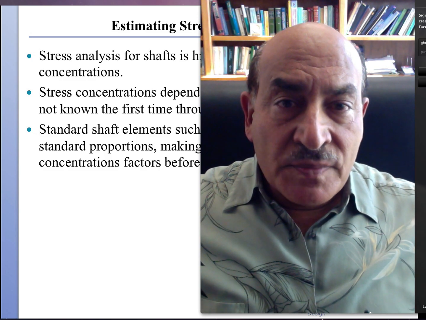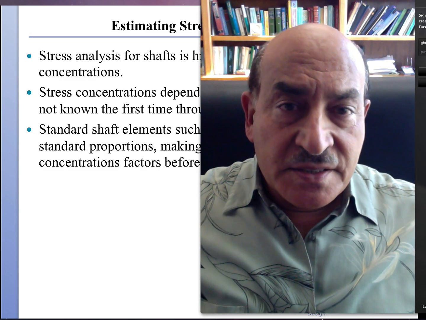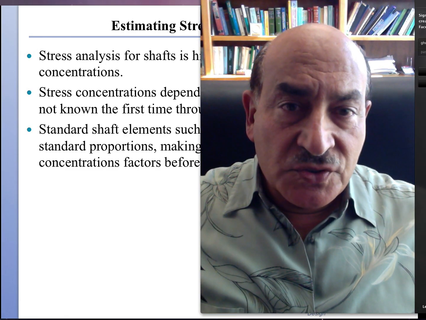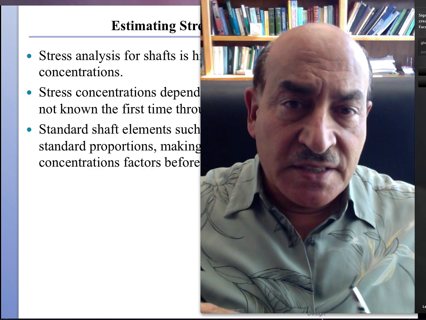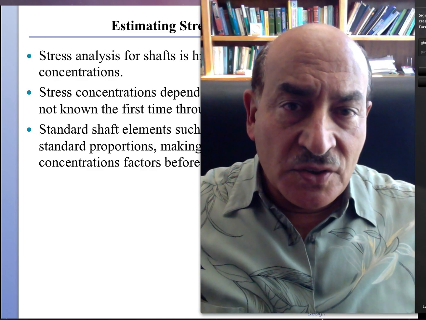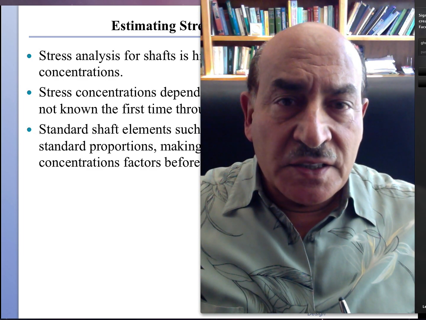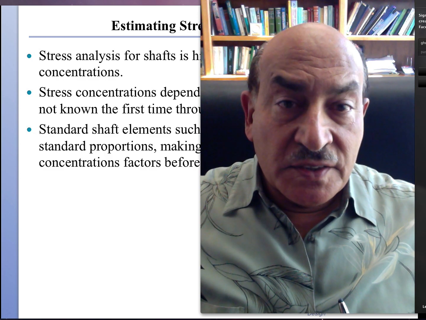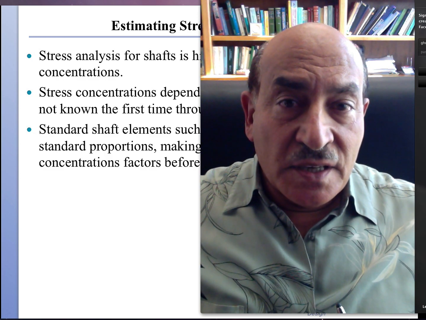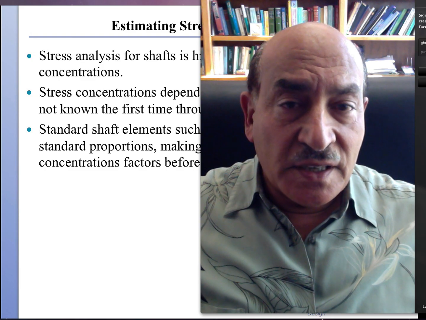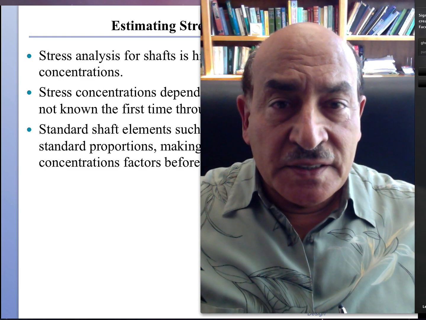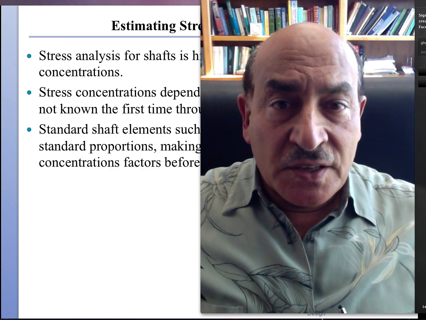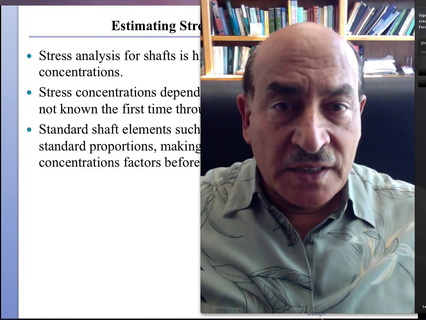In segments that will follow this, we will go more into detail of other requirements such as deflections, and also the requirement of reduction of vibrations. This will be a continuing long type of design requirement that will go on for a while.